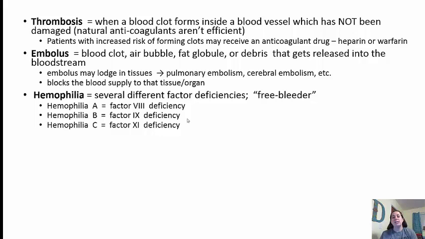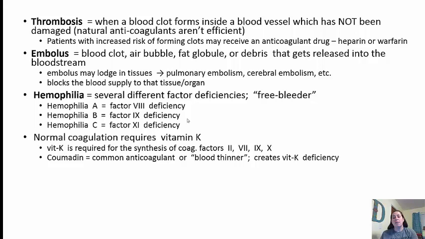If a person has hemophilia A, they are missing or have a low level of factor 8. If they're diagnosed with hemophilia B, they have a low or deficient amount of factor 9. And if they have hemophilia C, they have a lower or deficient amount of factor 11.